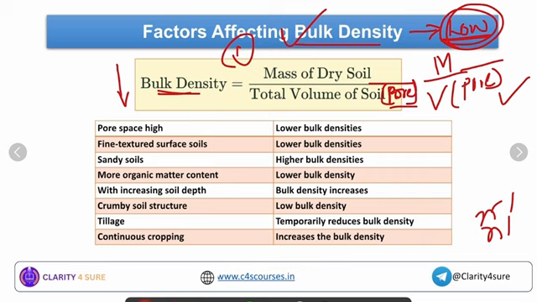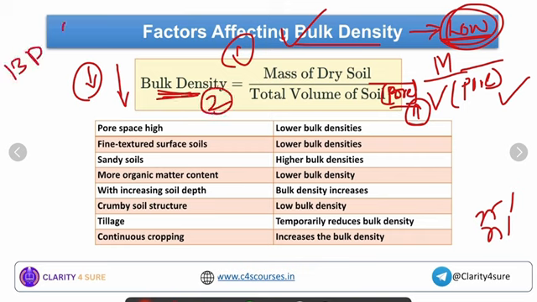More space is good for us, and it reduces the bulk density, which is again good for us. So the second point is bulk density is inversely proportional to porosity. These two concepts will help you understand this chart.